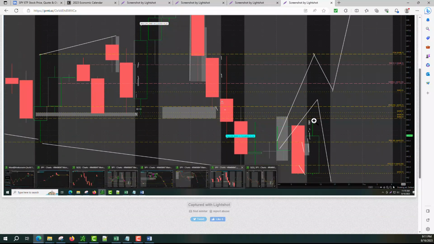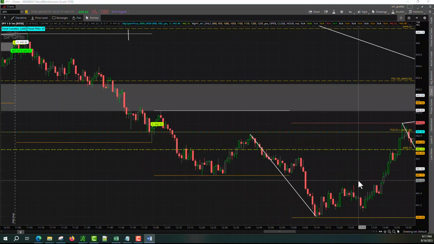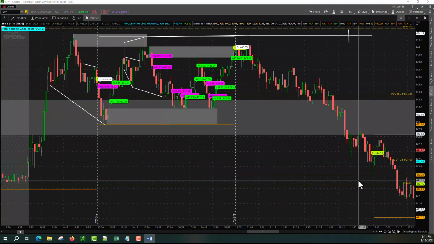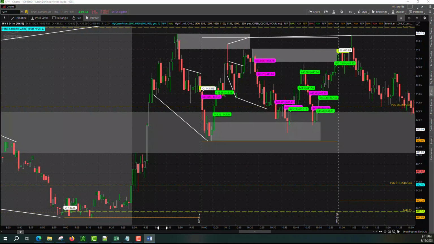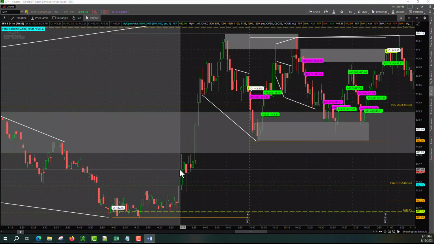It went up, and it took the buy side liquidity of this candle right there. You see, it took a sell side candle, and then it opened right at the close of this candle. Right there, you see, right at the close of the order block candle, and we targeted the sell side candle. You see, it's a huge move right there.